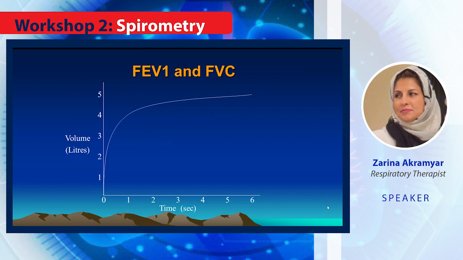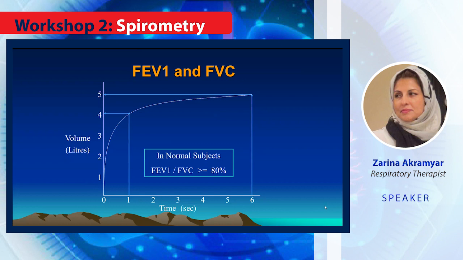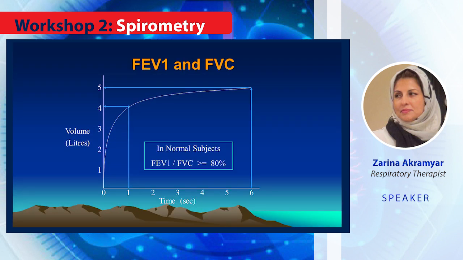See in the first second, how much he blew? 4 liters. This is normal. He exhales for 6 seconds. The first second gives us our FEV1, and then the rest gives us the FVC.